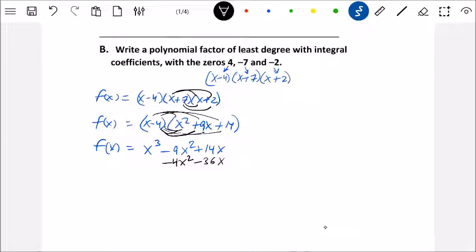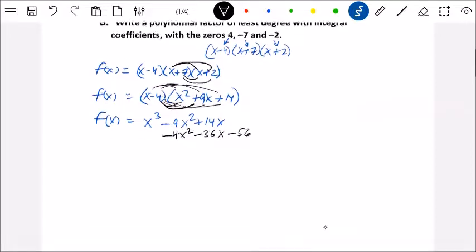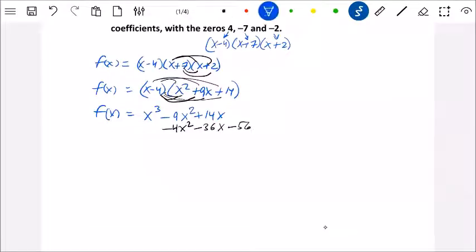Do I have that right? Okay, I believe so. 14x, -4 times 9 is -36x. That looks about right. And then -4 times 14 is a negative, and that's a -56. So now I will put those together.